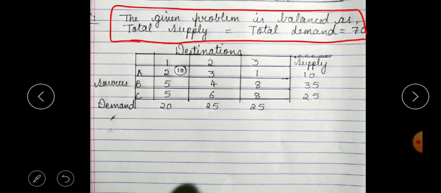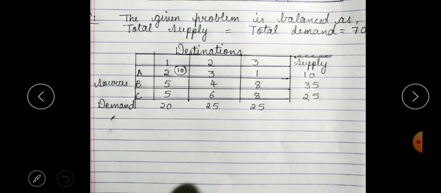So I've copied here the transportation problem. Same thing, demand is here, supply is here. This method is known as the northwest corner method for a reason.